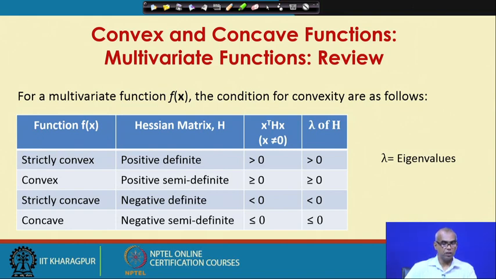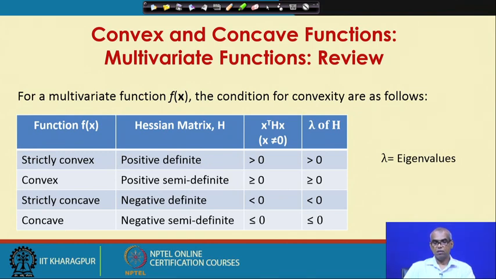The multivariable function f x is strictly concave if the Hessian matrix is negative definite. The Hessian matrix will be negative definite if x transpose H x is less than 0, or all the eigenvalues of the Hessian matrix are strictly less than 0. The multivariable function f x will be concave if the Hessian matrix H is negative semi-definite.